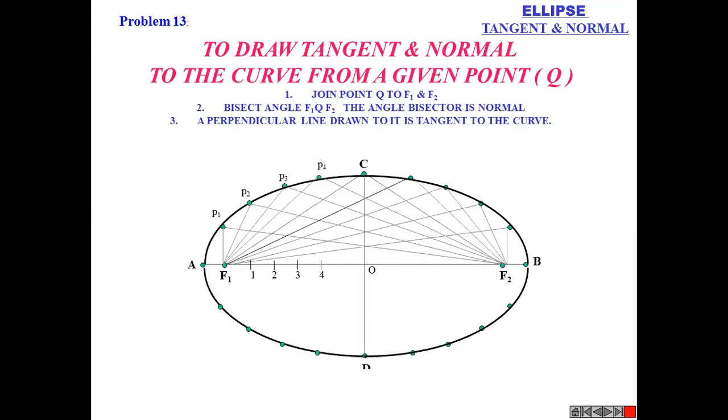In that concentric circle method, there was some error from my side. Was that clear to everyone, that I mistakenly took the major axis as diameter rather than half of the major axis as radius? Was it clear to everyone? Yes.